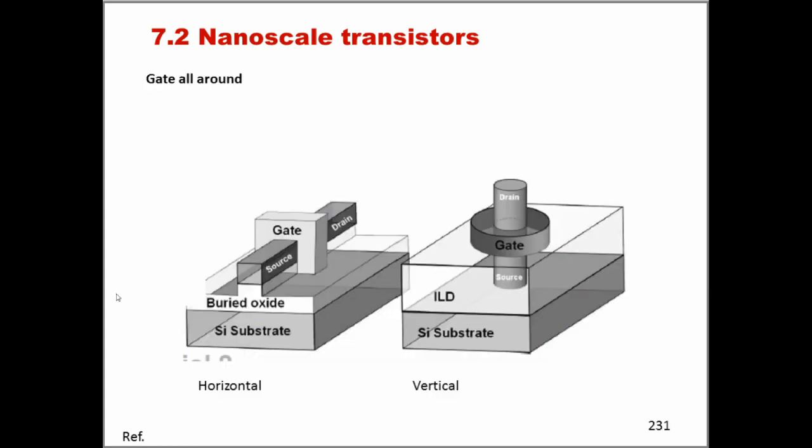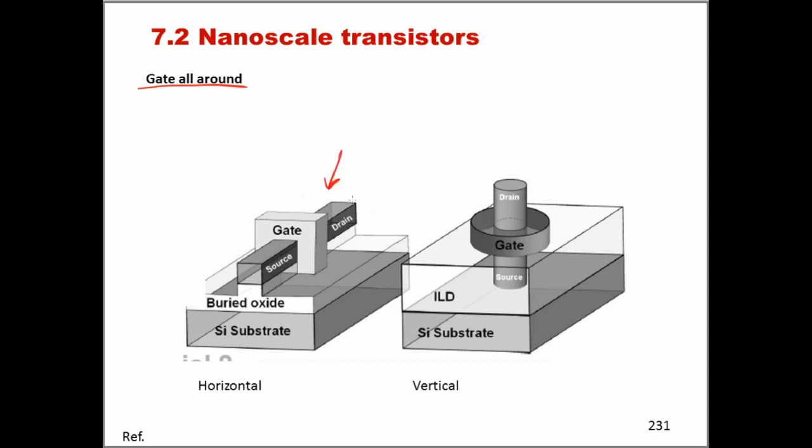And here now is the other 3D geometry that we may come across, that is the gate all around. So here in this case the gate is actually embracing the piece of silicon where the channel is and the source and the drain.